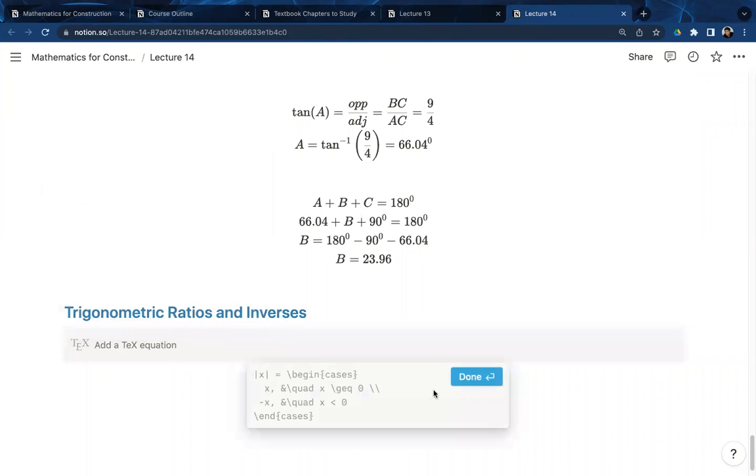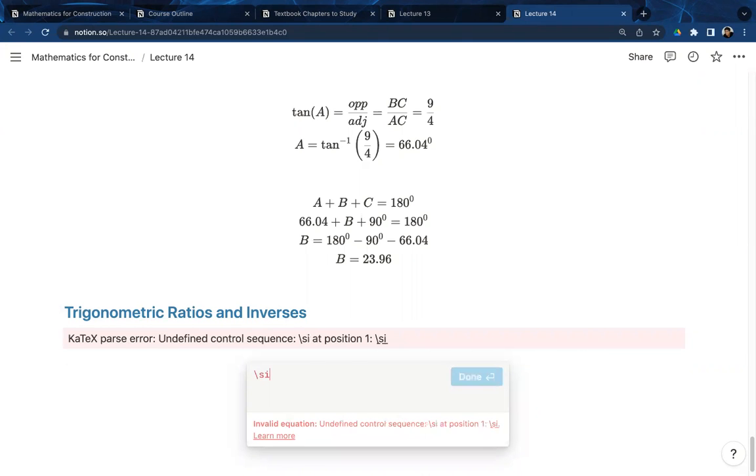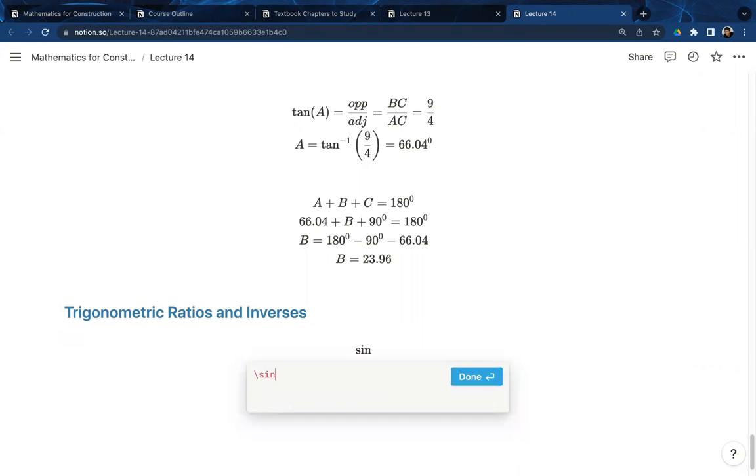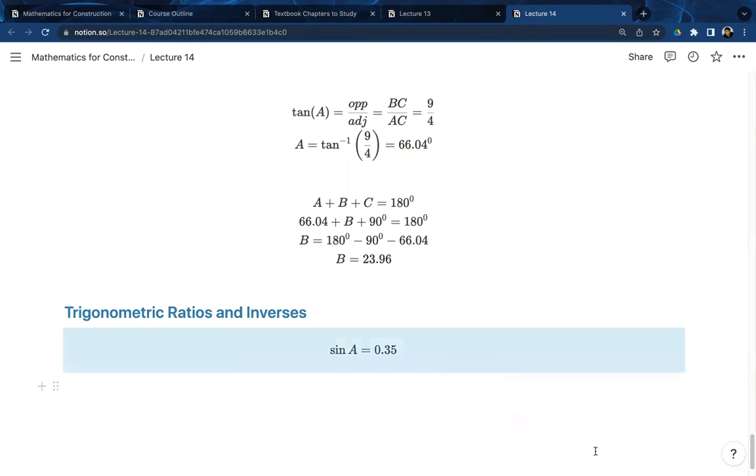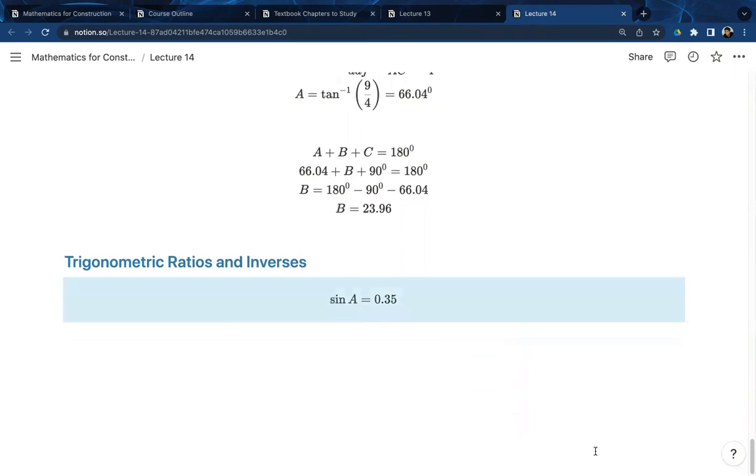Okay, so we have the ratios. Say I have something like sine of x. Well, we use A. Sine A is equal to 0.35. Okay. So I have something like this.